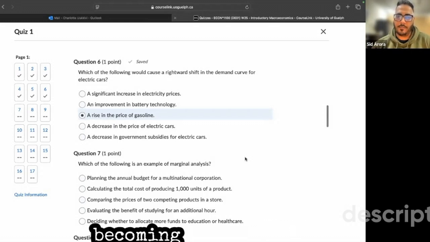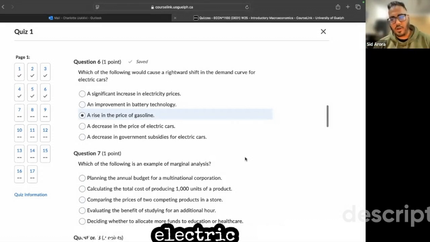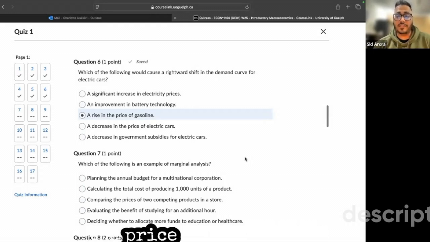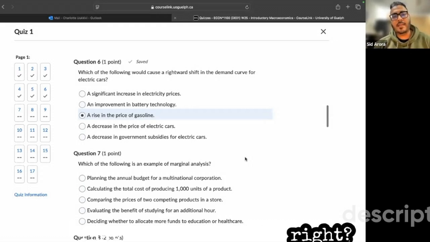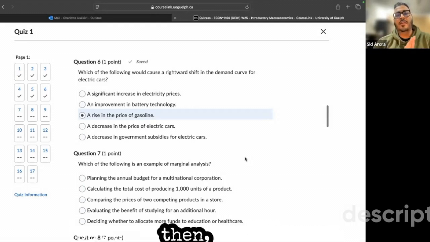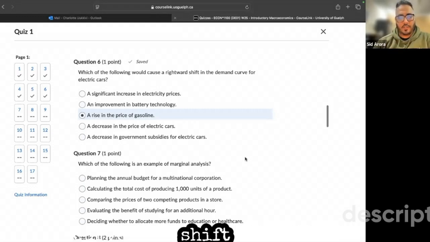Electric cars become more attractive since gas costs more, so people will start switching over to electric cars, which results in an increase in demand for electric cars without any change in the price of electric cars. That's the main point. The price of electric cars we assume stays the same, but even then the demand for electric cars went up because of the gasoline price going up, which is why the demand curve will shift to the right.